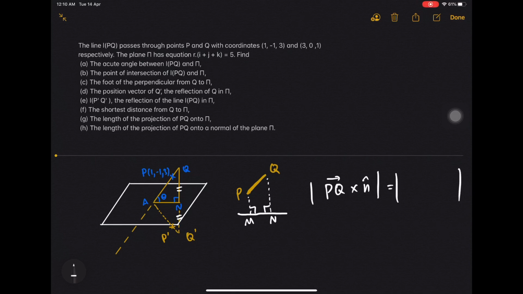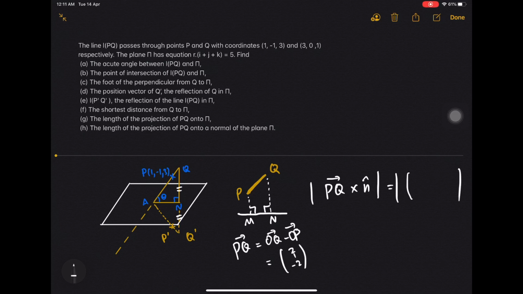We're going to put my PQ inside, but to do that we have to find PQ first. We have not found PQ, so PQ is going to be my OQ minus OP. We put the coordinates inside, and you get 2, 1, minus 2.